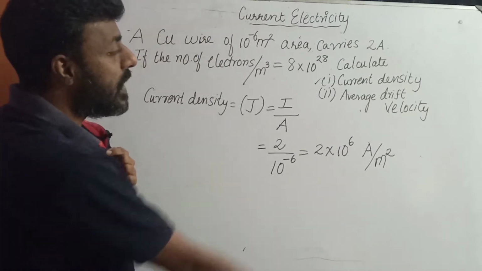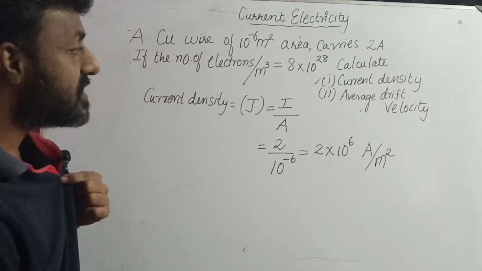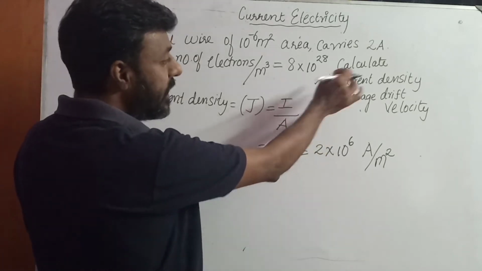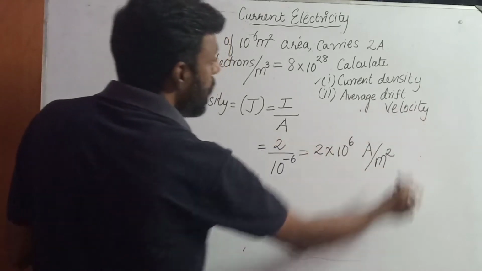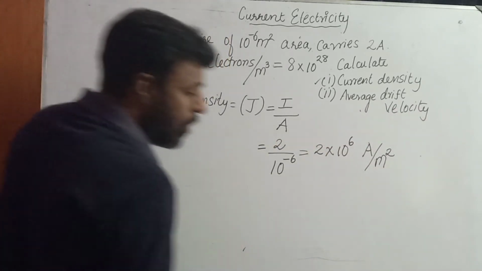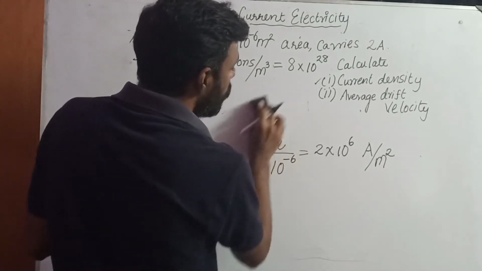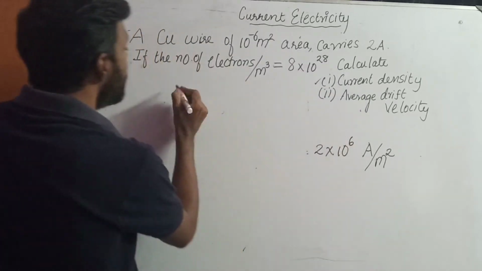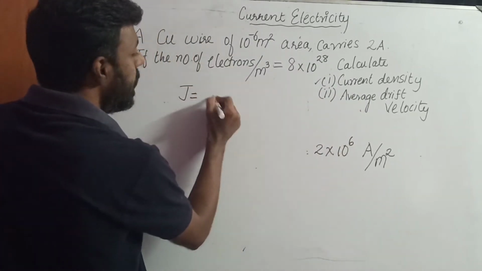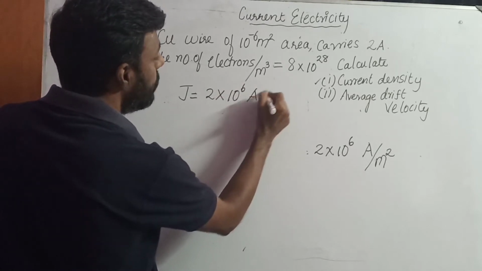Now we need to find the average drift velocity, which they asked in quantity 2. So how are we going to find it? We have found the current density, J equal to 2 into 10 to the power 6 ampere per meter squared.